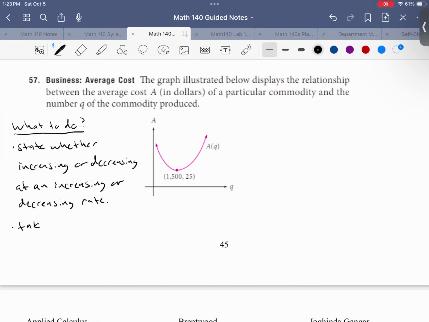You want to talk about the mins and maxes, right? We want to talk about that. So we see kind of this minimum right here. We want to state something like that. And we want to talk in context of the problem.